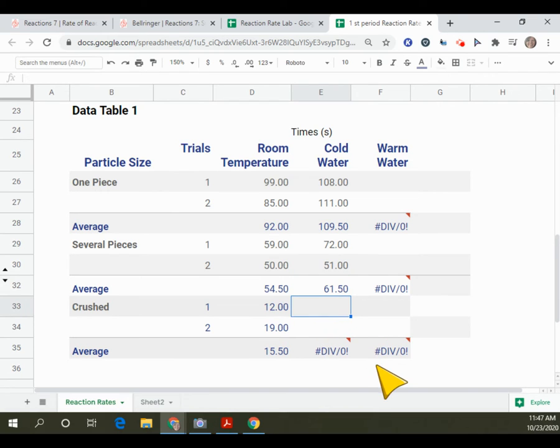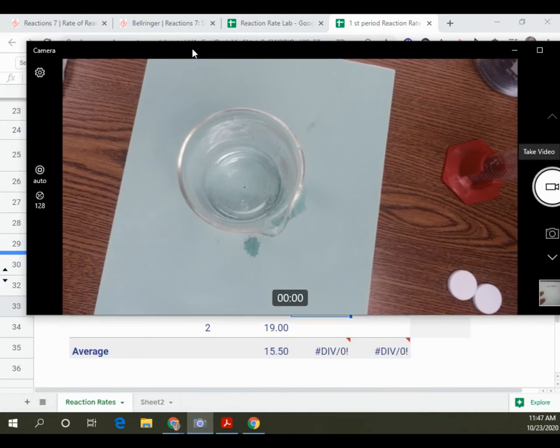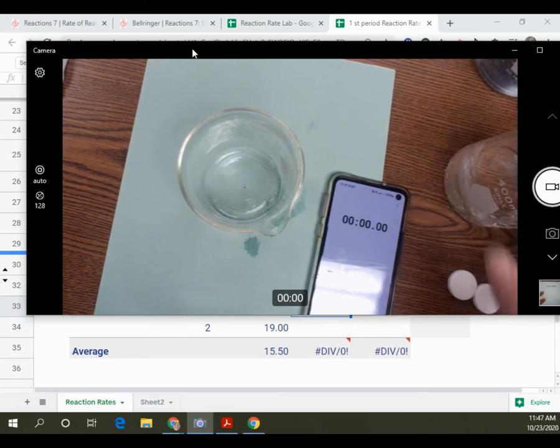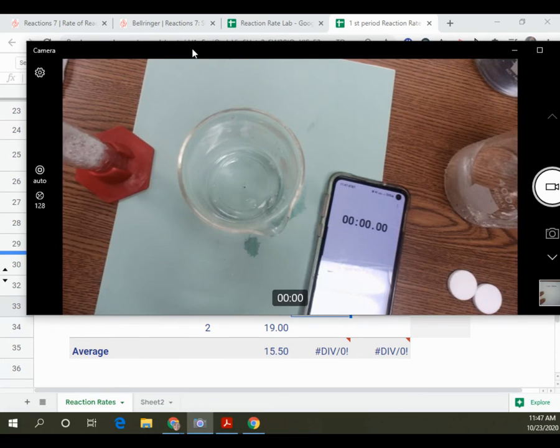All right, let's go with crushed on cold water. So we've got our empty beaker. We got our reset stopwatch. We have our cold water. All right, and we need to crush one of these pieces.